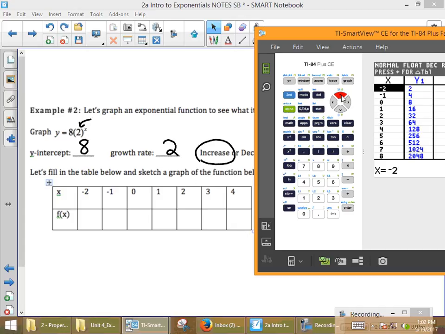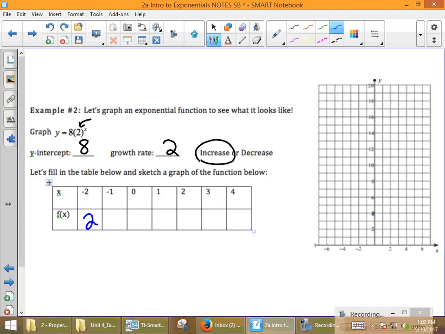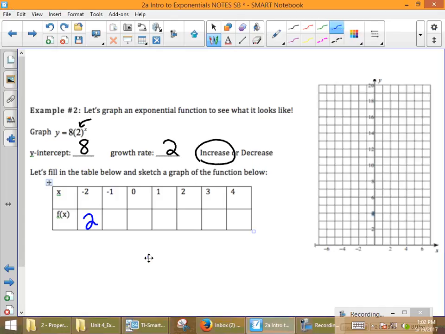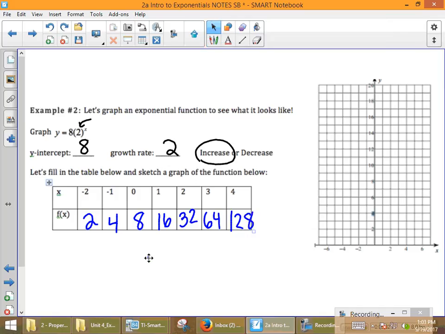So at -2, I have a y value of 2. Right? At -1, if I keep going back to my table, I'll have 4, then 8, then 16. All right, I'm going to have to move that calculator, but you'll be able to use it on your paper. So 2, 4, 8, 16, 32, 64, and 128.